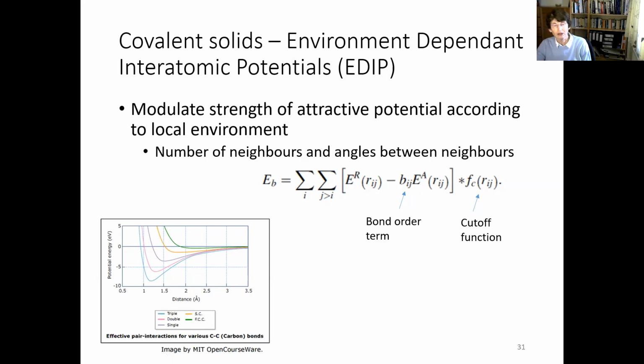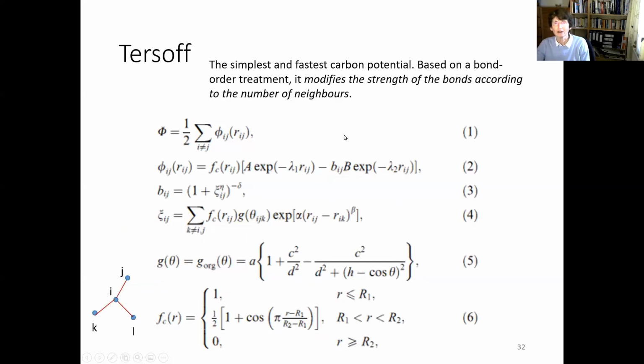And similarly, as you increase the number of neighbors around your atoms, right up to FCC, where you surround one carbon with 12 more carbons, then it's very weak. So this is the type of behavior that you want to capture in your covalently bonded material. And it's done with these environment dependent potentials.